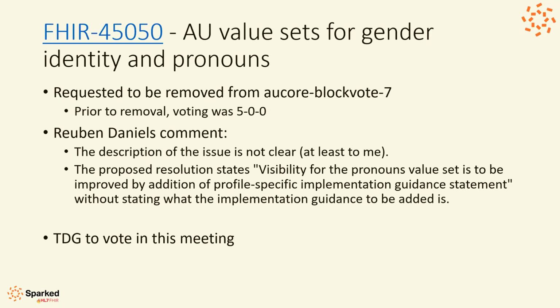One of the items was requested to be removed from the block and talked about in this meeting, and that item is 45050. Let's have a look at that. Ruben provided those points there on why he thought that needed to come to the technical design group so we could discuss that prior to making a decision.